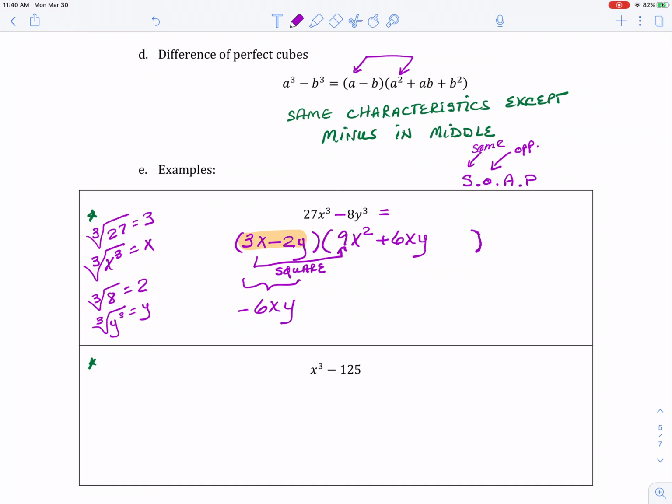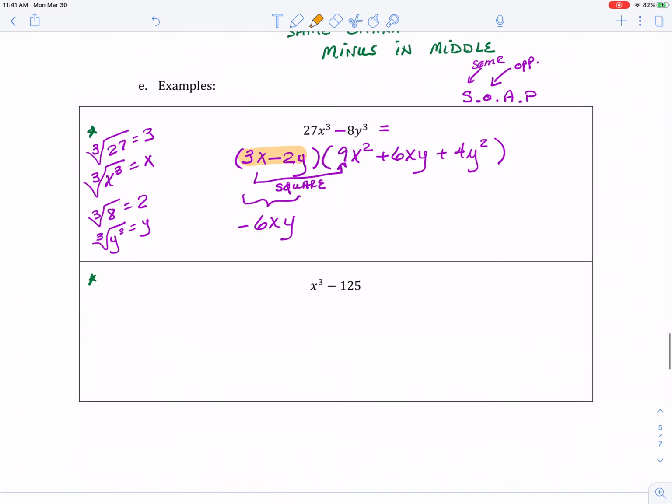And then to get the last term, we take this negative 2xy and we square it. And close the parentheses, and we're done. So, same sign here, opposite sign there, always positive there as you work through trying to keep track of the signs here.